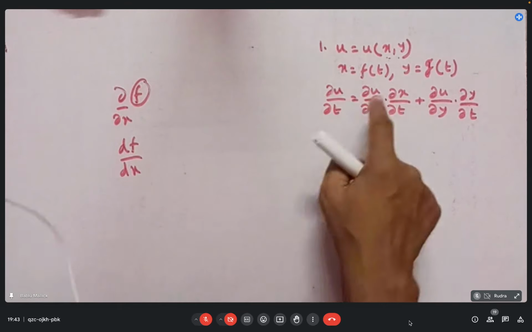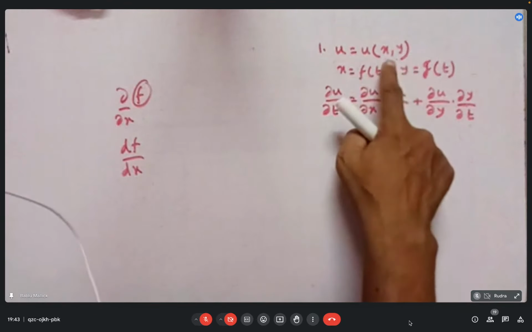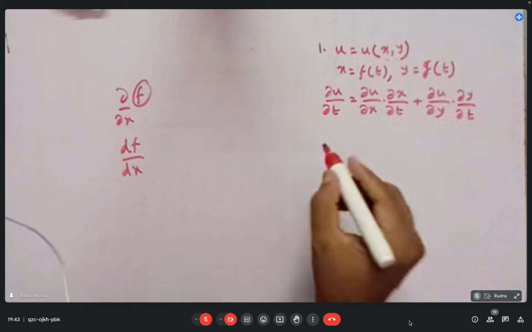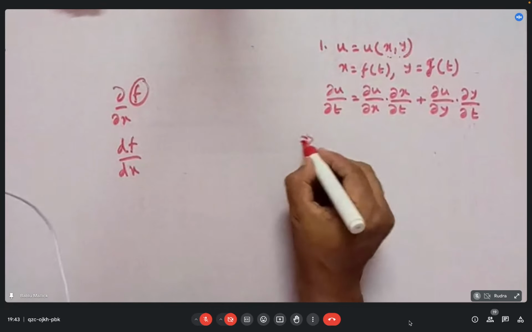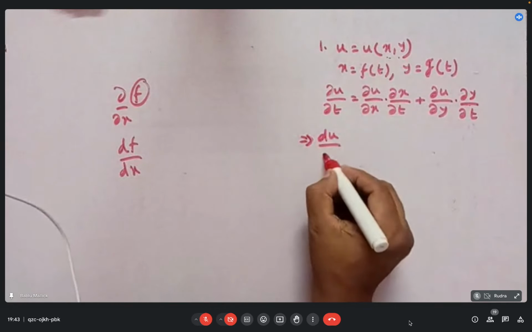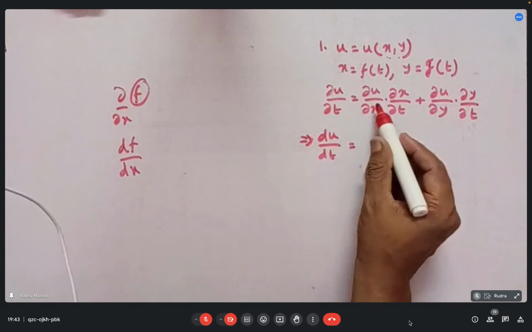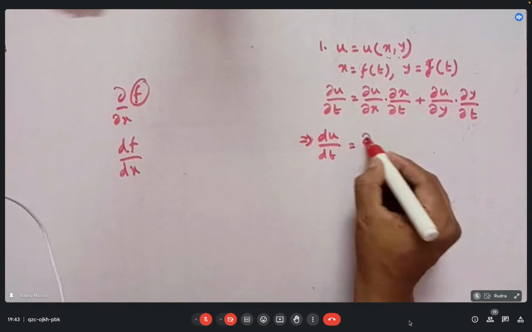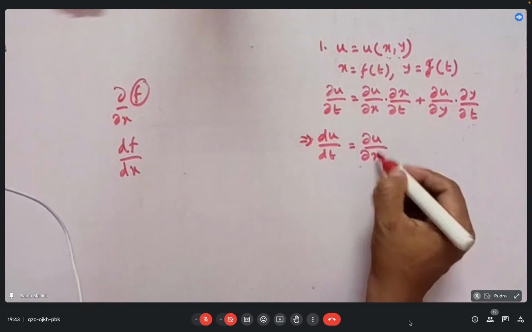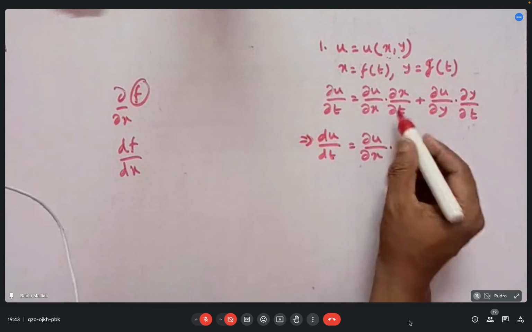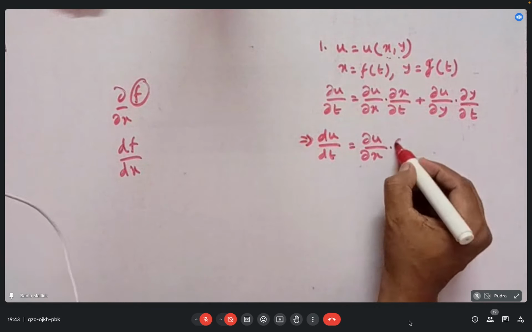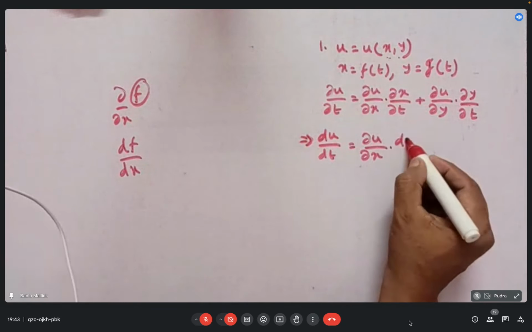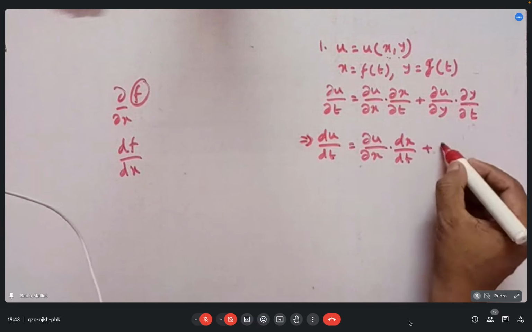So when I shall put the value of x and y here, u will become a function of t only. So we can write it as du dt. Here we shall write del u del x because u is a function of x and y. Del x del t you can write as dx dt because x is a function of one variable.